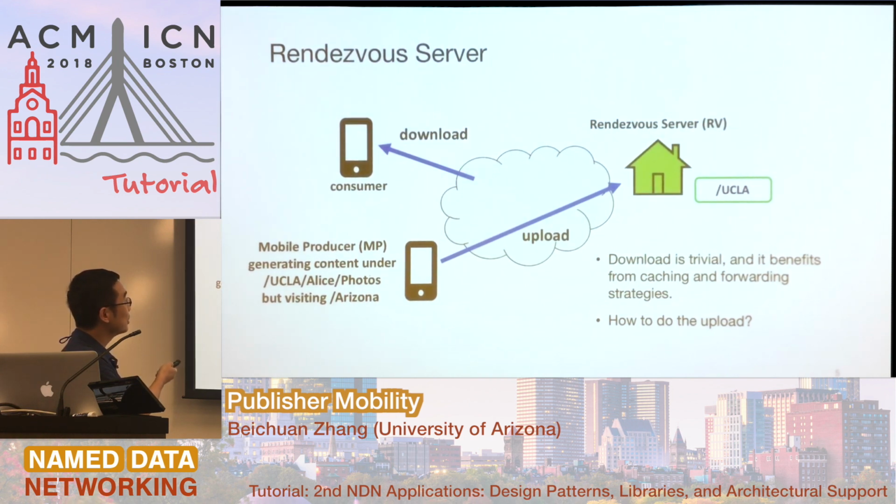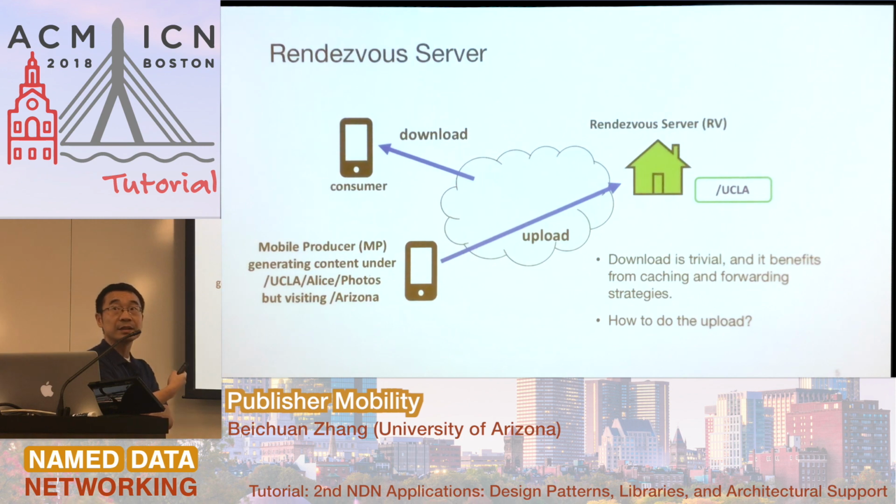And here I deliberately made this line shorter, not going all the way to the rendezvous point, because the data may be cached somewhere here, and there may be routes. Because of this action, there may be routing entries created, so the interest from the consumer could go to the rendezvous point, could go to the mobile directly, or could hit any cache in the middle.